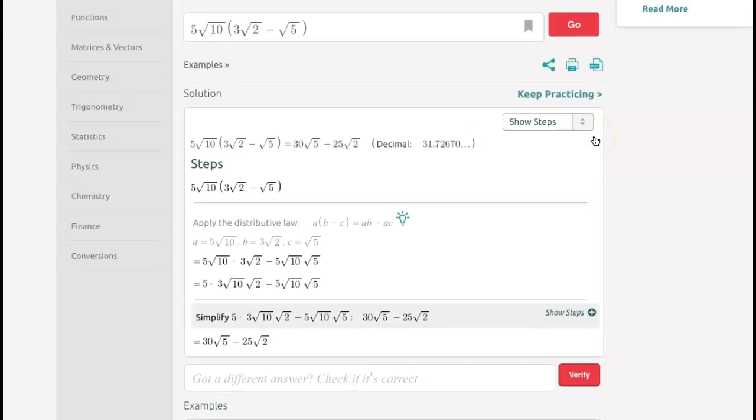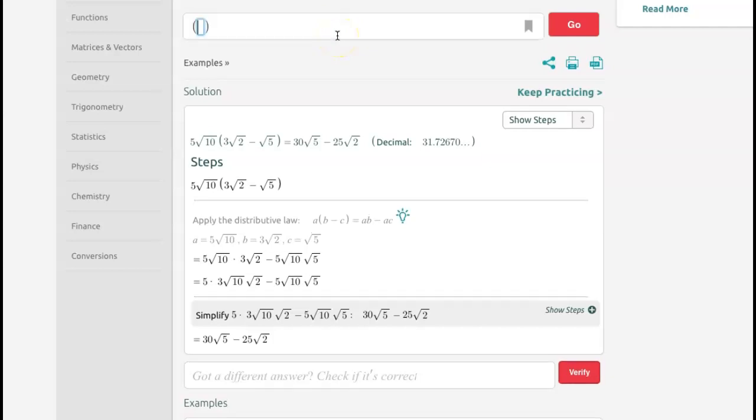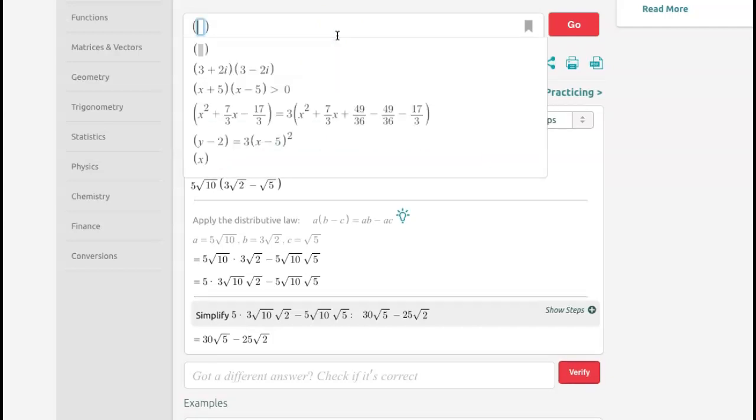Let's try this on maybe something a little more complicated. Let's try this on number 7. Okay, it looks complicated. So we want parentheses, so I'll type parentheses on my keyboard. And then we want a fraction.